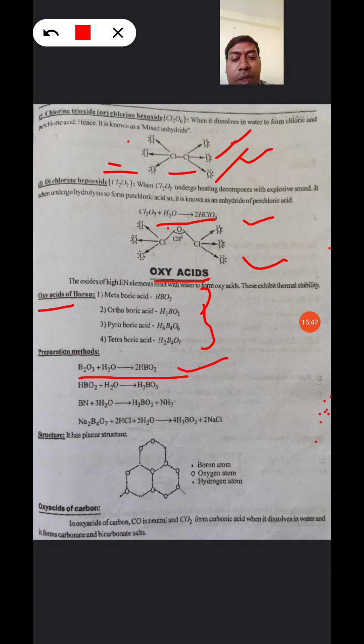The next one, metaboric acid HBO2 undergoes hydrolysis to form H3BO3, that is orthoboric acid. Then next, boron nitrate undergoes hydrolysis to form H3BO3, orthoboric acid. Boron nitrate reacts with 3 moles of water and forms orthoboric acid.